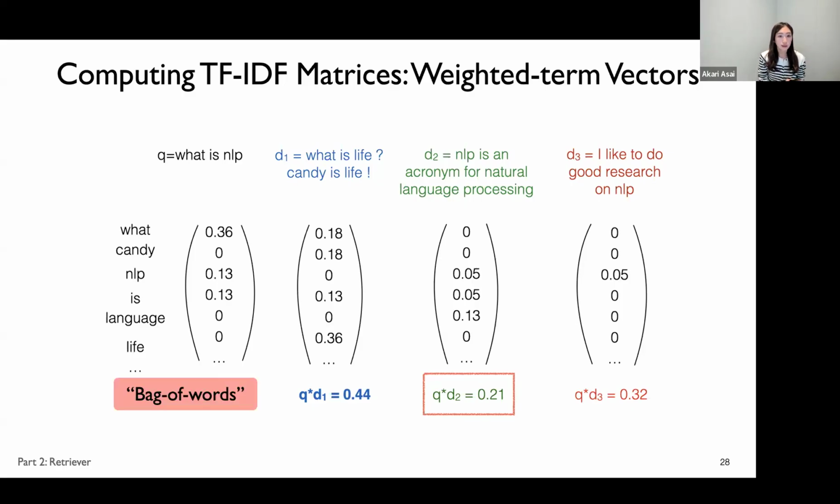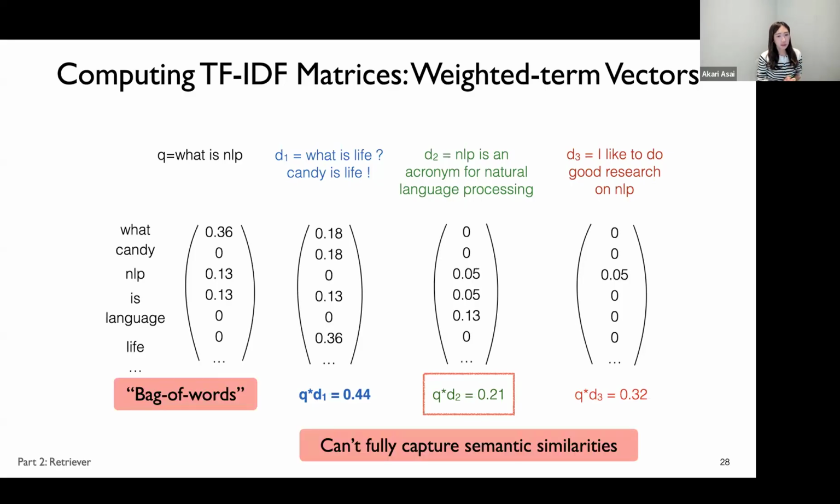This is because, one, this kind of term frequency only considers term-level similarity, and it doesn't fully capture semantic similarity. For example, here the D2 answers the question, but D1 got the highest score because D1 is also a question saying "what is", which is pretty similar to "what is NLP".